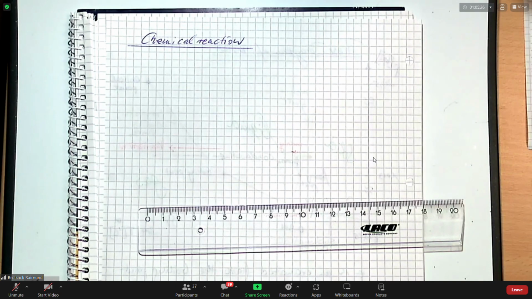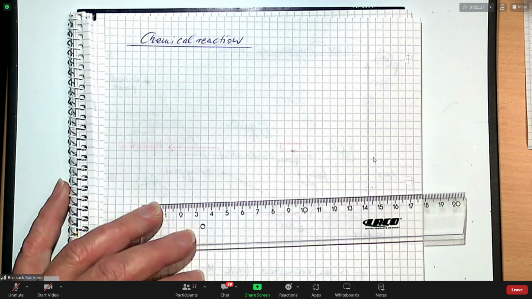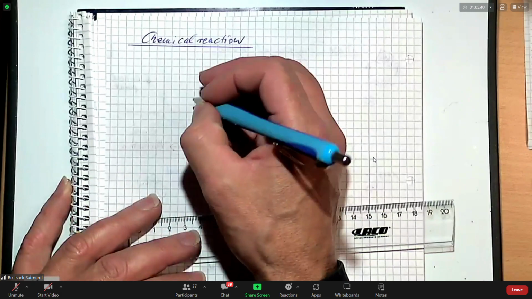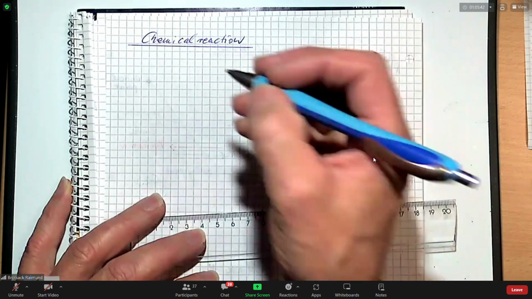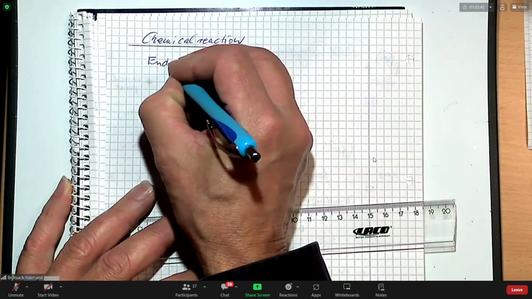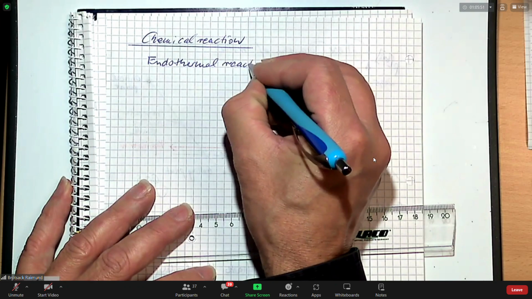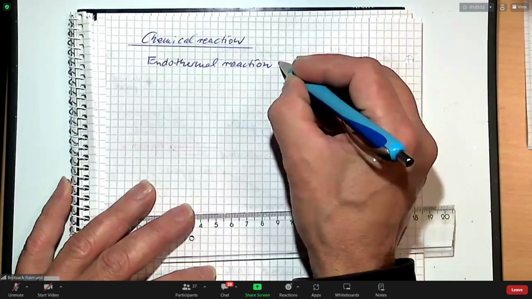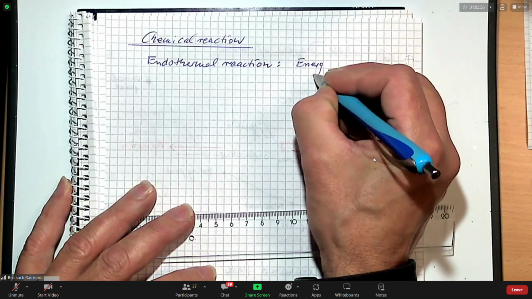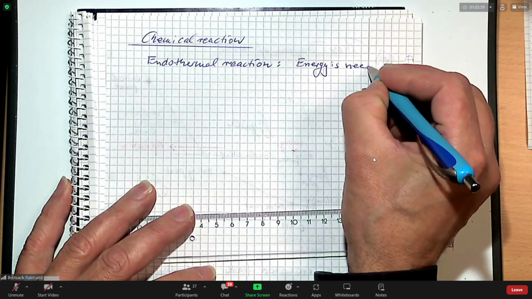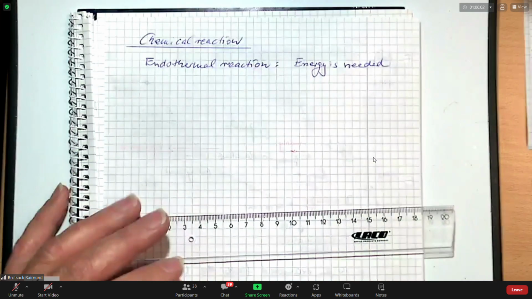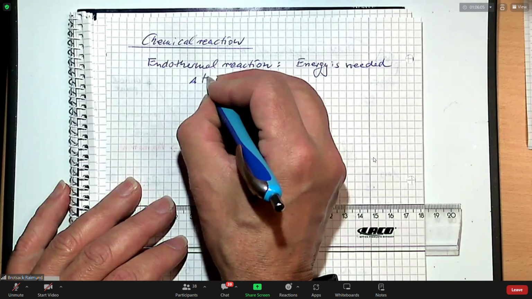What is endothermal? Exactly. So in an endothermal reaction, energy is needed. We have a parameter to measure it.